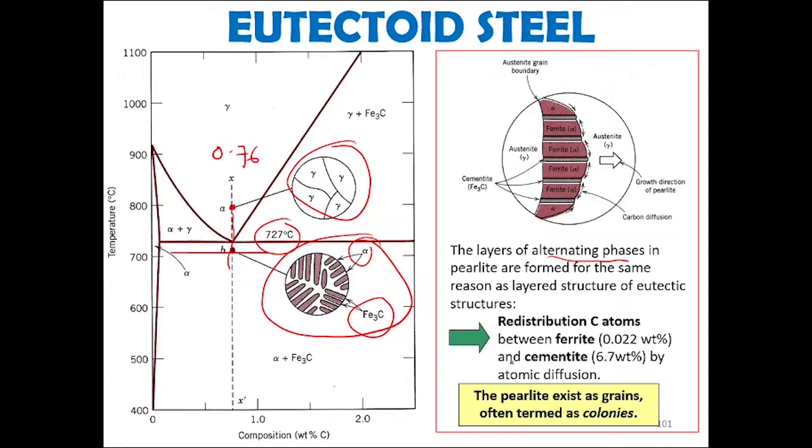It is because of redistribution of carbon atoms between ferrite and cementite by atomic diffusion. The pearlite exists as grains, often termed colonies.